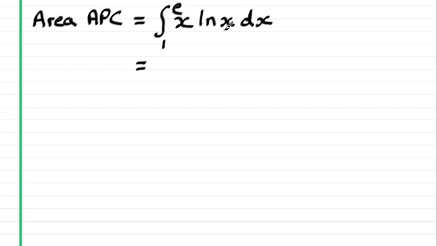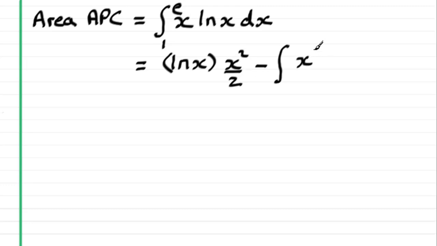Okay, so we take the u part, natural log of x, and we multiply it by the integral of the other part. So that's going to be x squared over 2. Then I subtract the integral of the part that I just integrated, which was x squared over 2, and multiply it by the differential of the other part.